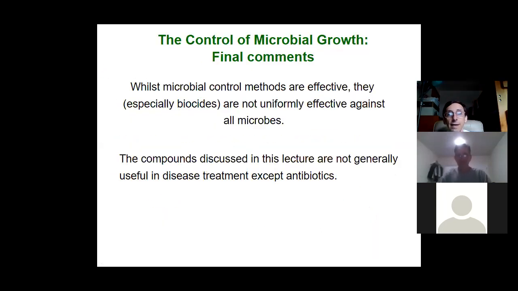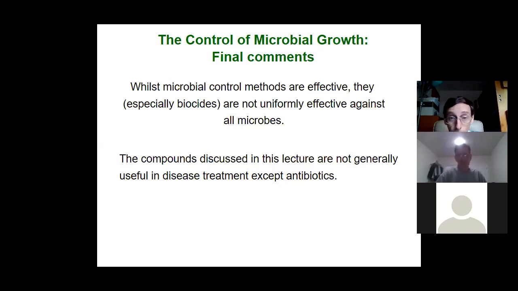So, the last slide, the control of microbial growth. While most microbial control methods are effective, especially the biocides, they're not uniformly effective against all microbes, especially against endospores. The compounds discussed in this lecture are not generally useful in disease treatment of patients, except for the antibiotics.